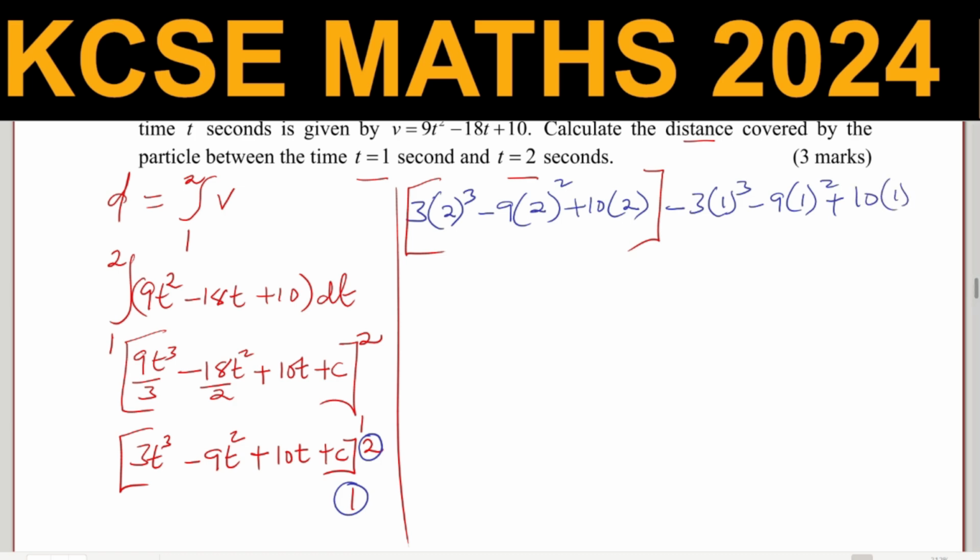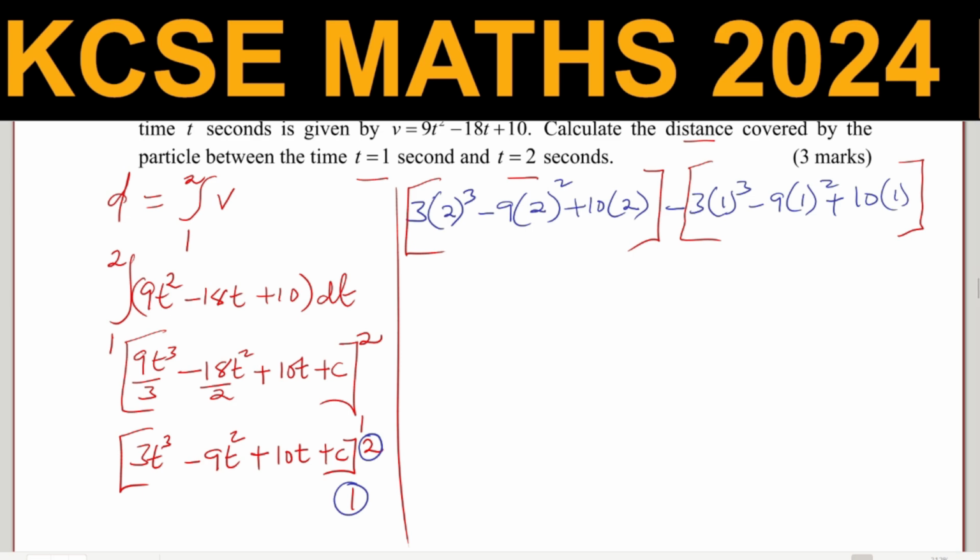And the constant of integration, you can drop it, because even if you continue with it, the constant of integration will be subtracted and it will be 0. So that is why I have dropped it. Now after that substitution, ensure you have done the correct substitution. I'm confirming 3t cubed minus 9t squared, like that, is okay.